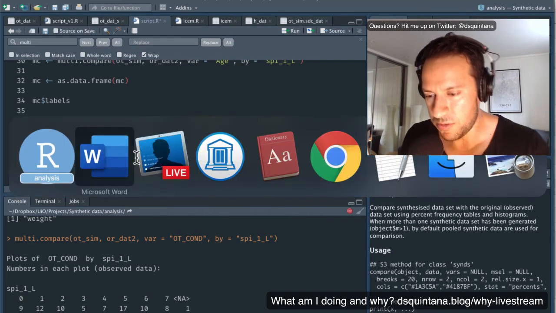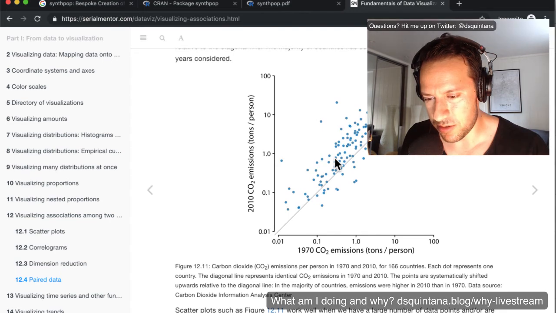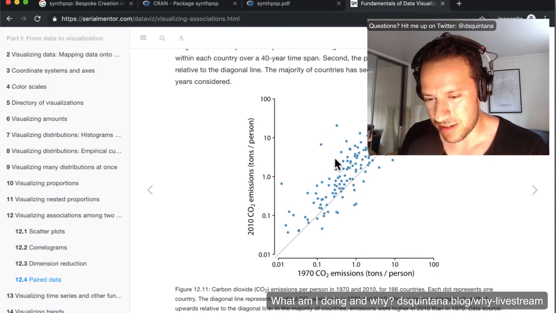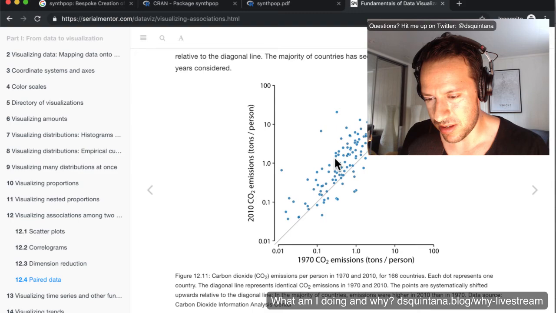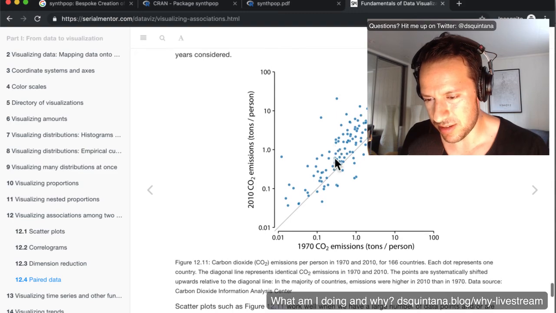I do think it would be really interesting to do a plot like this to demonstrate whether there's any specific biases.